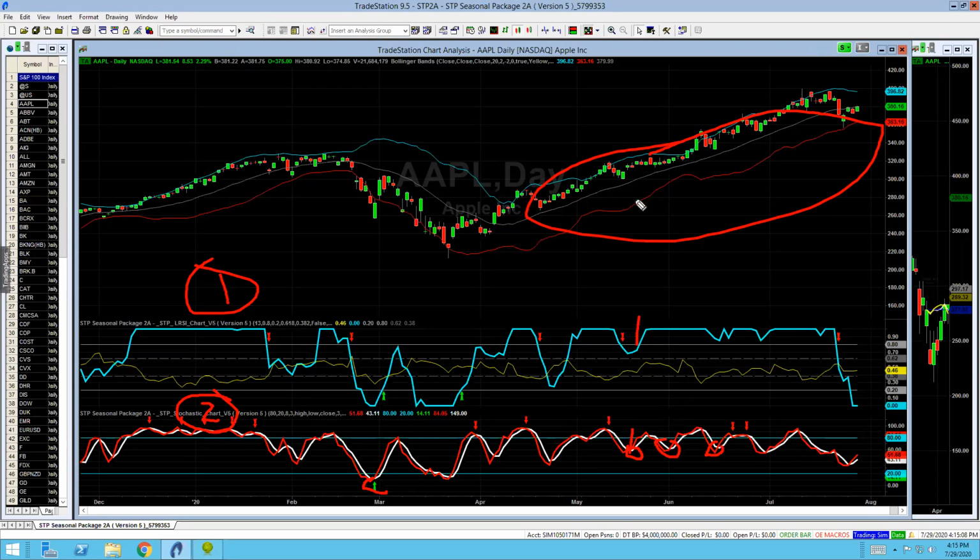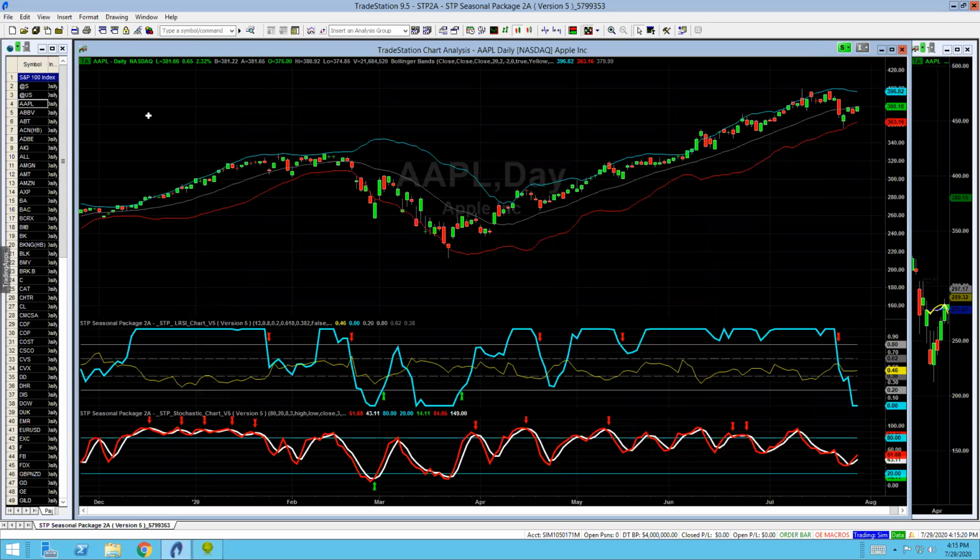These are potential re-entries in a market where the Laguerre is not giving it to you right now because it's been so strong, but you want a rule to get in. You can use the stochastic for that. So those are the two indicators that I have now programmed with TradeStation that come with this package.